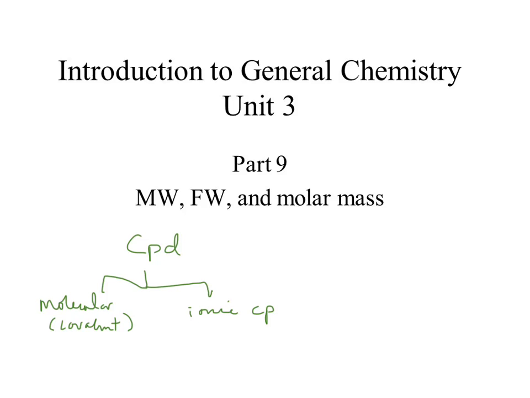So I mention this because we said that a repeating unit of a molecular compound, we call those molecules. That's their name. Do you remember what the repeating unit of an ionic compound is called? I kind of teased it because of its abbreviation, FU. It is formula unit.